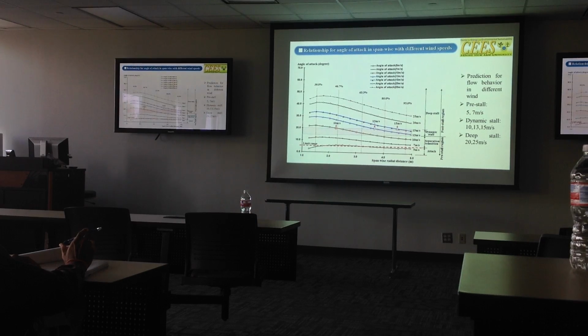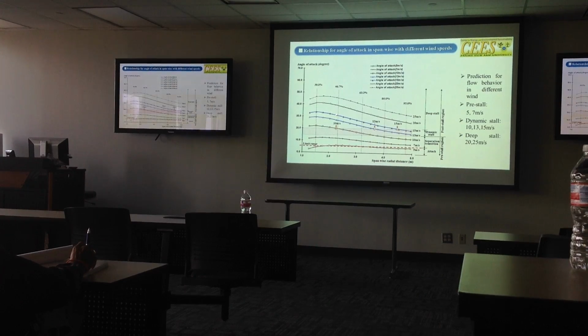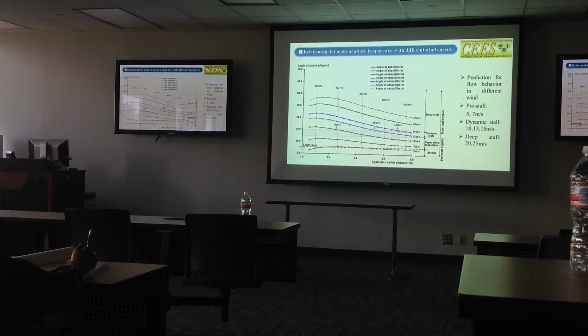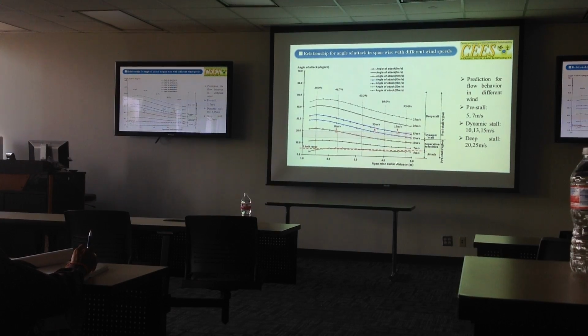The intersection for the 20-degree angle of attack with these 3 cases is located around the second section we mentioned previously. It's around 46, this is around 70, and this is around 90% span ratio.